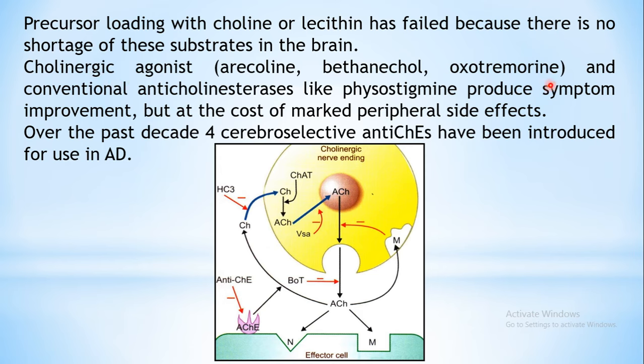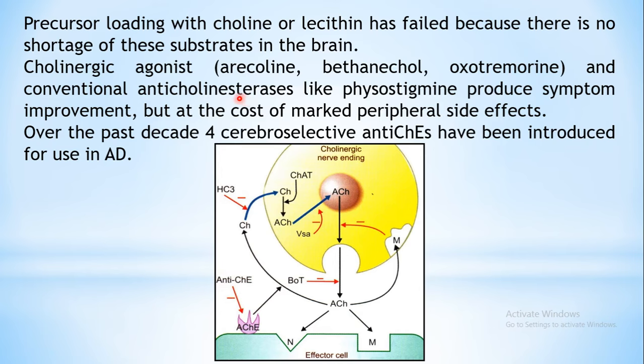Later on, anticholinesterases were tried. Neostigmine, physostigmine, if you can remember. There are irreversible inhibitors, reversible inhibitors, carbamates. So there are several examples over there. Now, all the anticholinesterases were not effective.